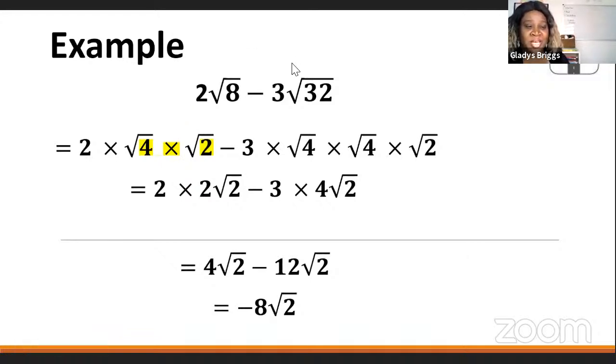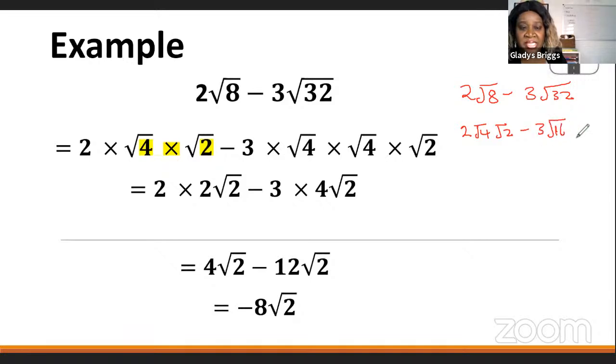So you had to do 2 root 8 minus 3 root 32. And you want to find a way to have the same roots here. So this would be 2 times root 4 times root 2 minus 3 times root 16 times root 2.